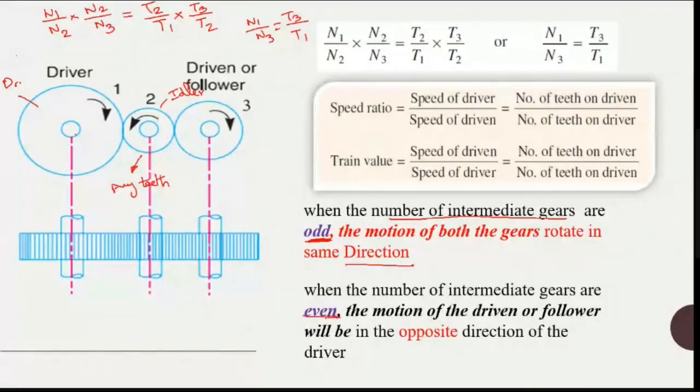When it is an even number, they will rotate in the opposite direction. And of course, the speed ratio is the number of teeth in the driven divided by the number of teeth in the driver. So driven by driver, the same formula.